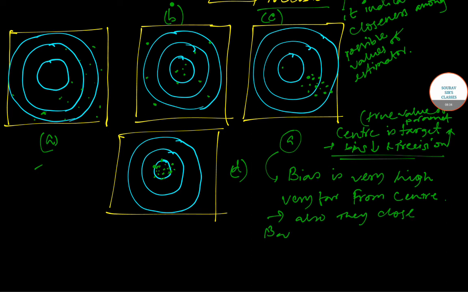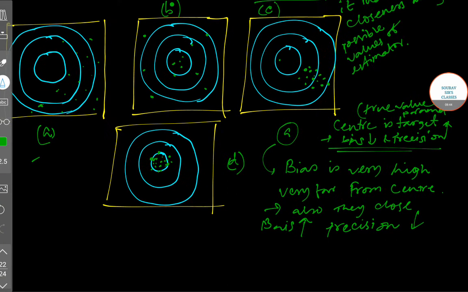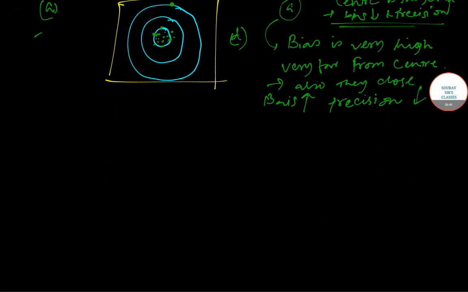So bias is high and precision is low. This is just the opposite of what we want.